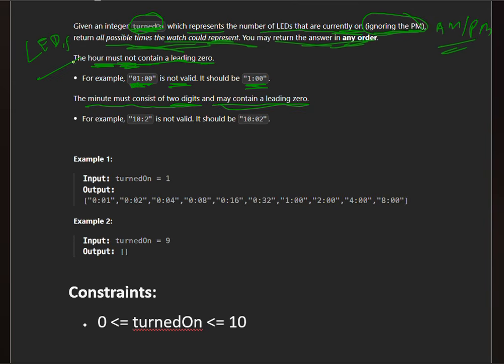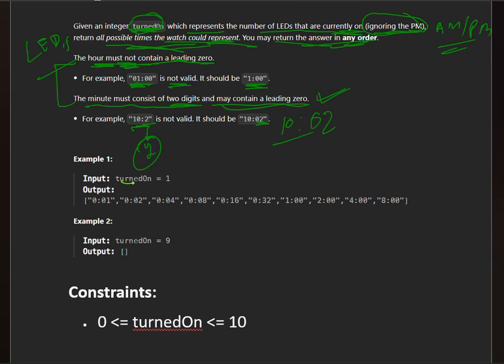These are the two conditions that we have to follow while forming the answer. So 1:2 is not valid because the minute is only one digit. It should be 1:02. So hours should not have any leading 0 and minutes can have a leading 0.